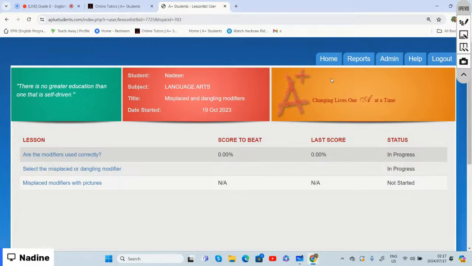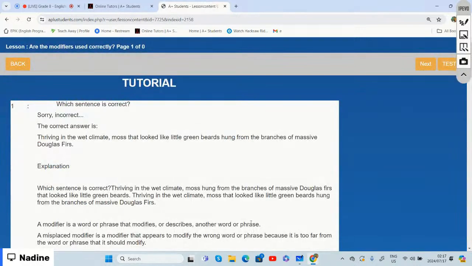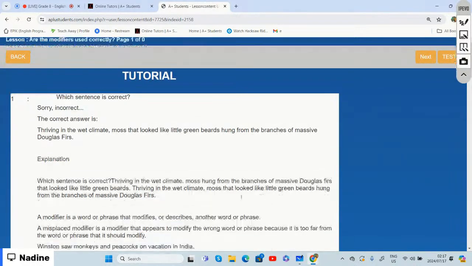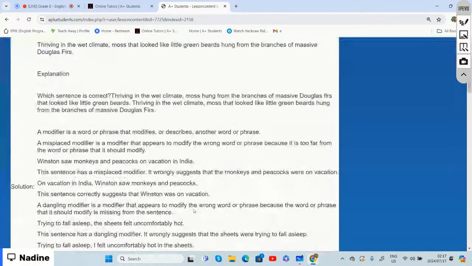All right, so now we're going to the first one, which is, are the modifiers used correctly? And we said that a modifier is a word or phrase that modifies or describes another word or phrase. And a misplaced modifier is a modifier that appears to modify the wrong word or phrase because it is too far from the word or the phrase that it should modify.